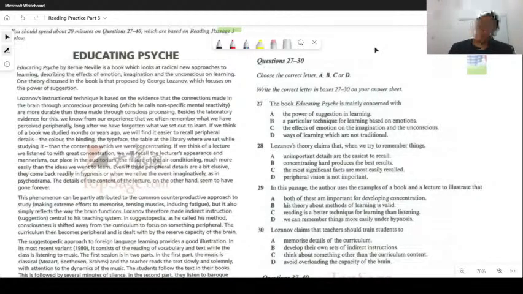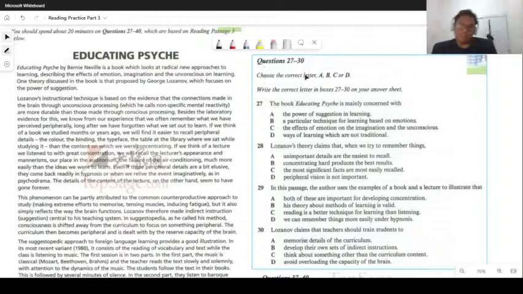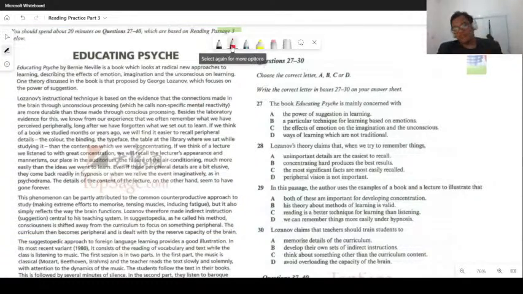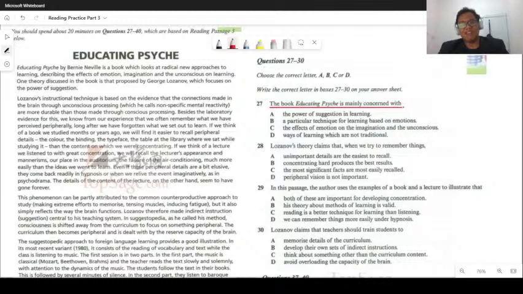Okay, so the question here is choose the correct letter A, B, C, or D. You only need to choose one. Sometimes you will be asked to choose two, so pay attention to the question. So first question, the book Educating Psyche is mainly concerned with. So here, be careful. This is a main topic question.